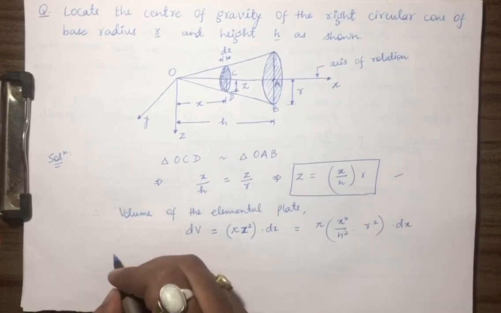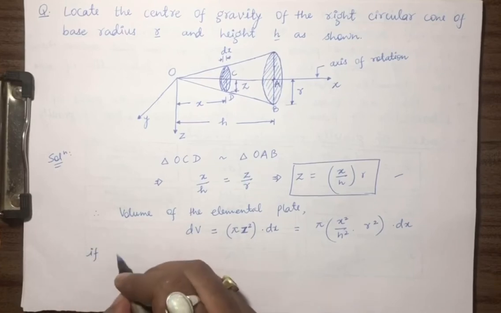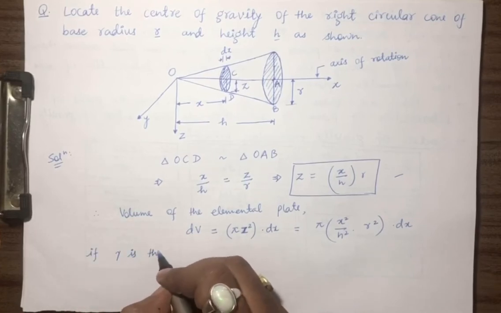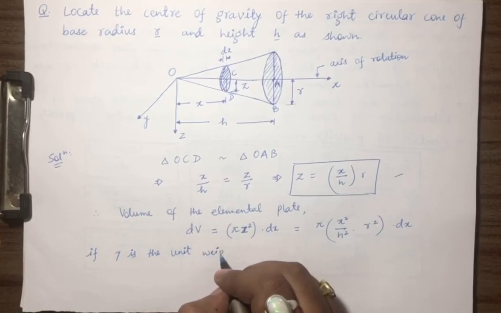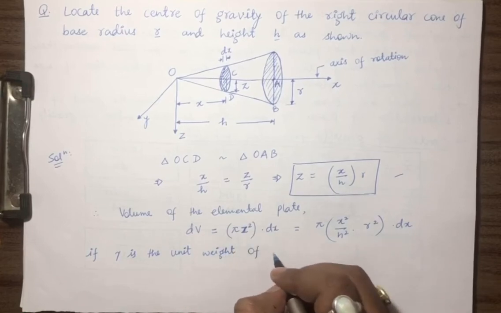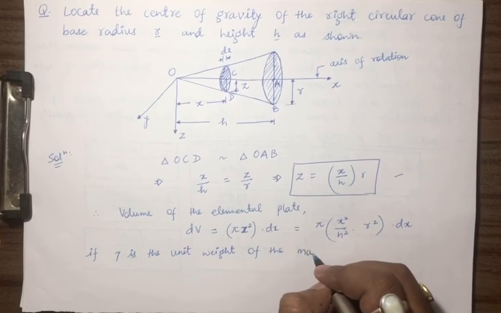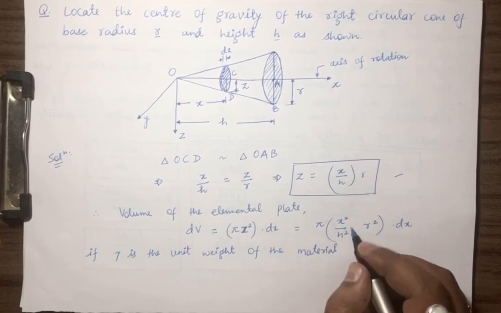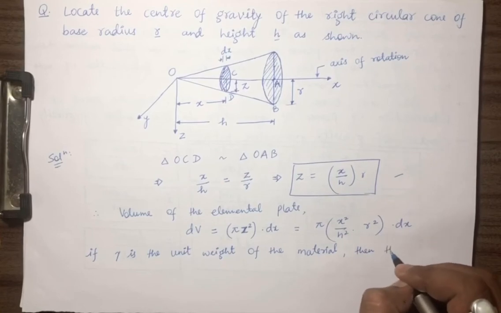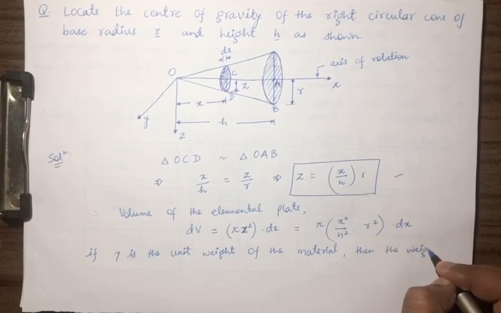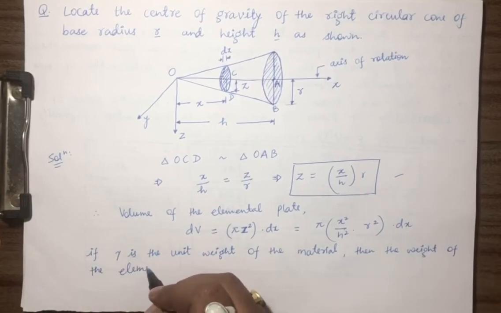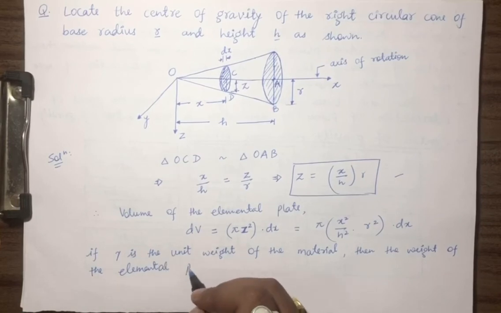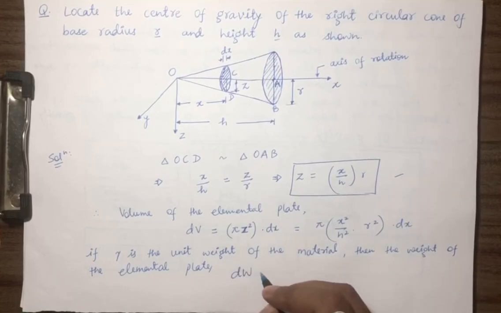Okay, if gamma is the unit weight of the material, then the weight of the elemental plate, so let us say this is dW.